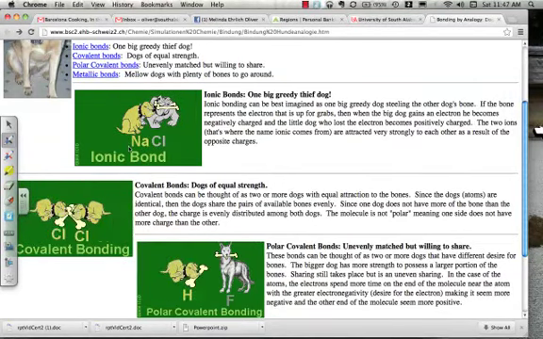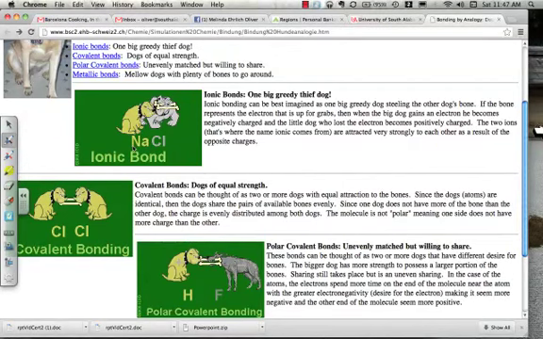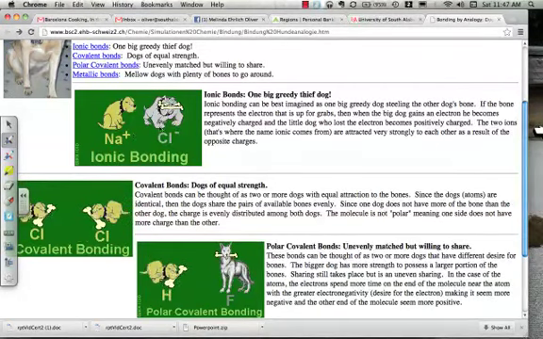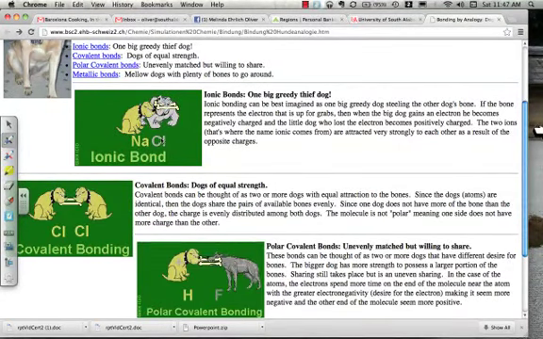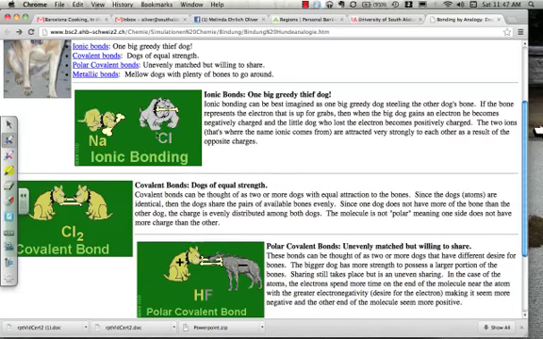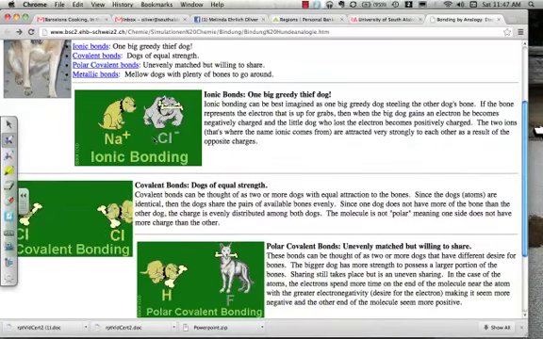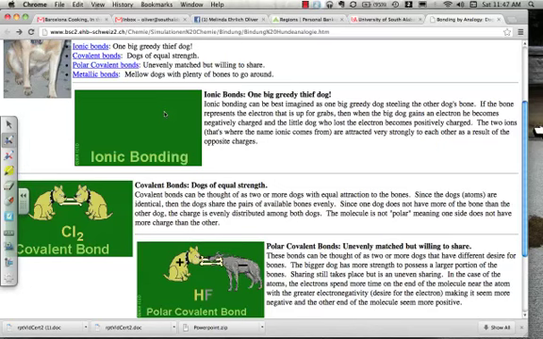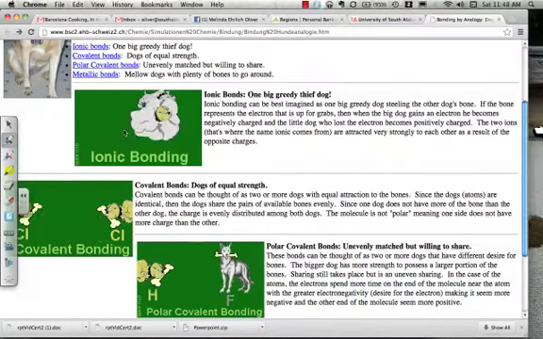Sodium, a metal, coming from the left side of the periodic table, so low electronegativities. So the size of the dogs really has to do with electronegativity here, because in fact, the size of the atoms would not be the way it's depicted here. The metal would be larger than the nonmetal. But anyway, the chlorine has a high electronegativity, a much higher one than sodium does.